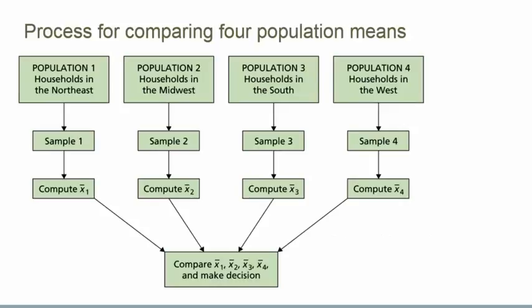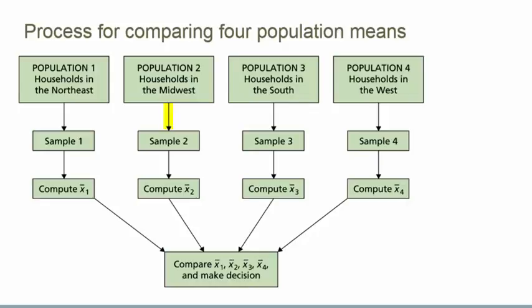Process for comparing four population means. So we have population 1, households in the Northeast. We take a sample of that population. We compute the sample mean, x bar sub 1. Then we take population 2, households in the Midwest.